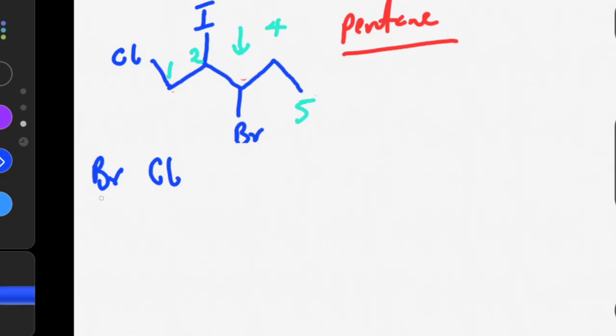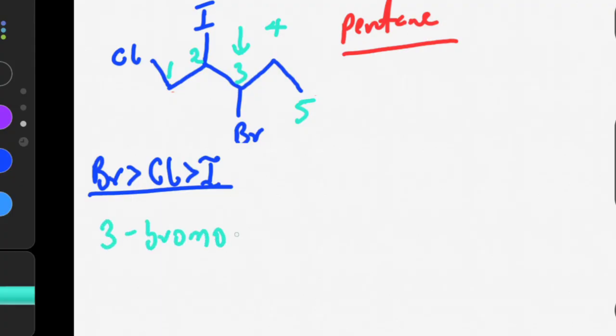We have letter B before letter C, and letter C comes before letter I. So that is the trend we are going to follow. All right, so we're going to start with the bromine. Bromine is on the 3rd carbon, as you can see here, right? So it's going to be 3 bromo, all right?